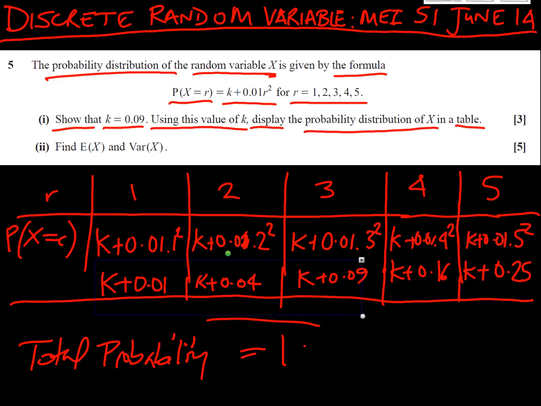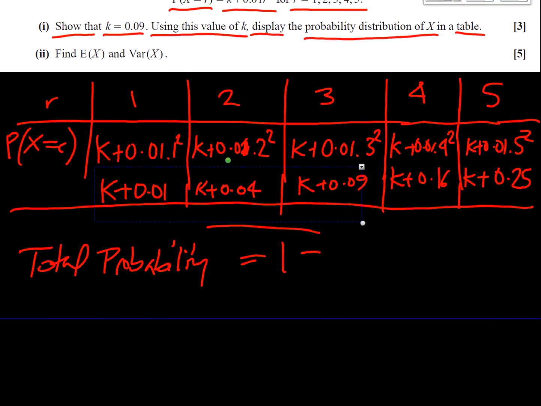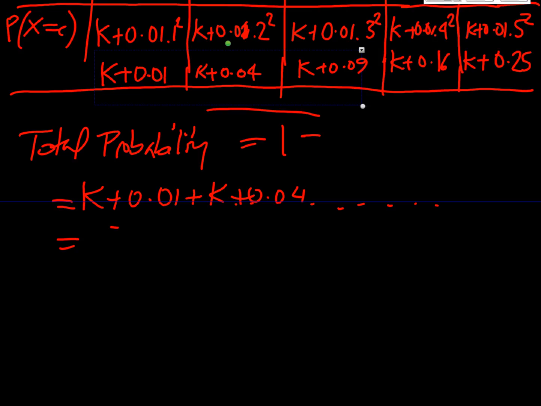If we sum all the figures, our total probability from the table above is k plus 0.01 plus k plus 0.04, etc. So we end up with 5 lots of k plus, adding up all these individual values, 0.55. And we know that must be equal to 1.